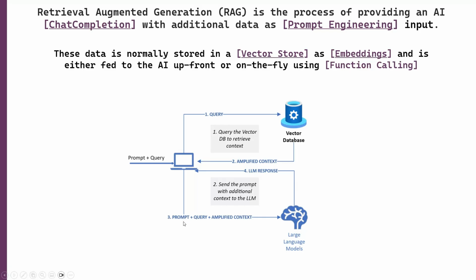So we say our prompt and our amplified context. Hey, LLM, based on all this financial data for 2024, what is the summary of 2024, for example, if that was the query. And then we end up getting the response back just like before, but with additional data.